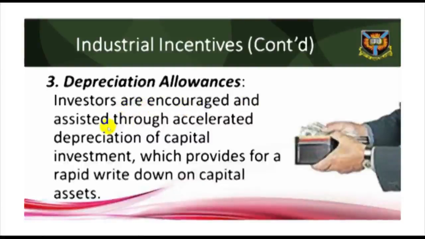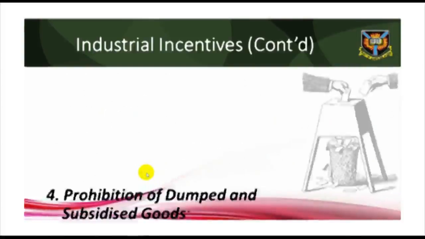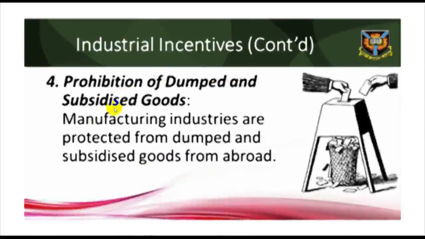Investors are encouraged and assisted through accelerated depreciation of capital investment, which provides for a rapid write-down on capital assets. 4. Prohibition of dumping and subsidized goods. Manufacturing industries are protected from dumped and subsidized goods from abroad.